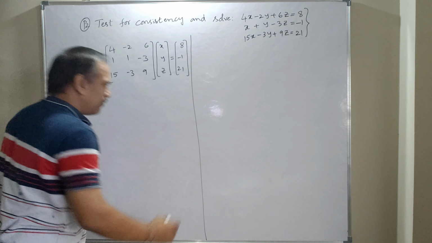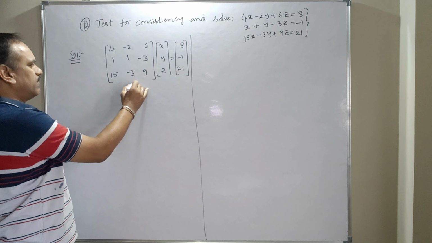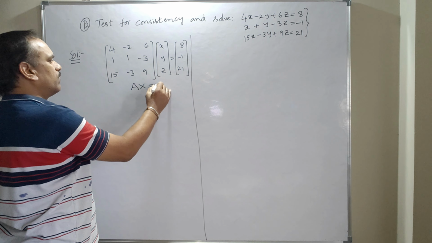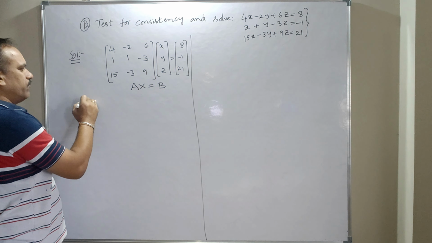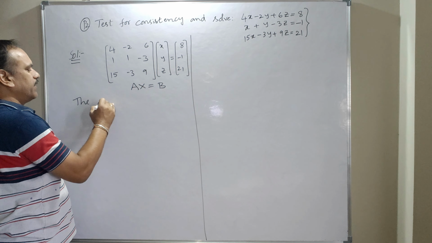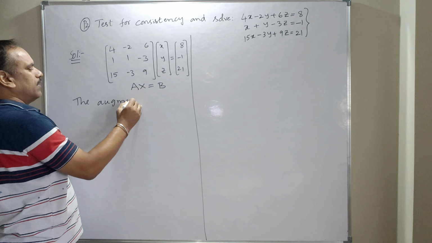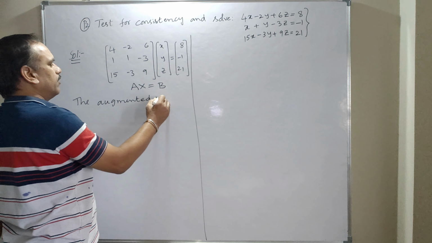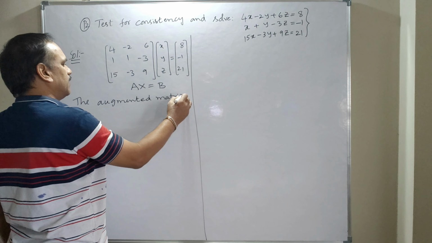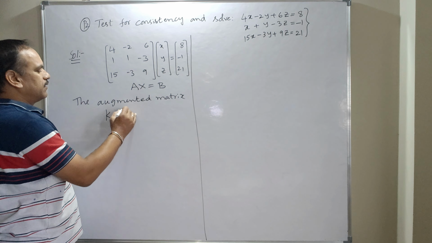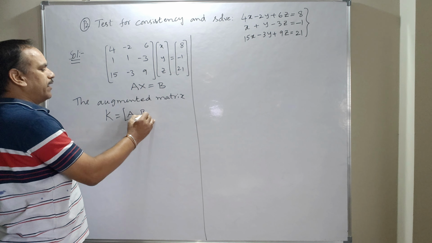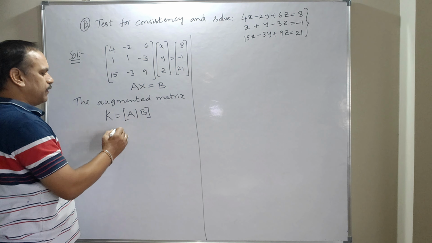Now this is Ax equal to b, and we write the augmented matrix. The augmented matrix K is writing A and B side by side.